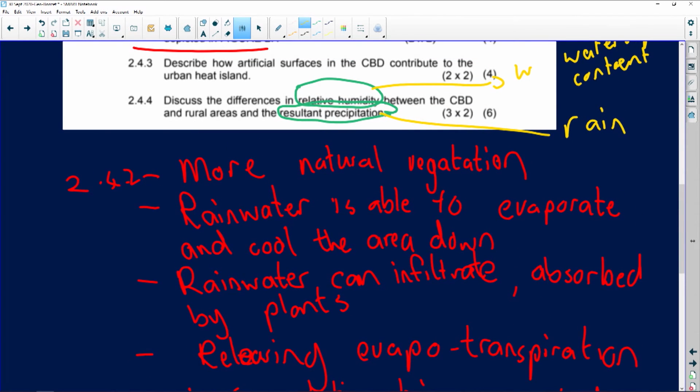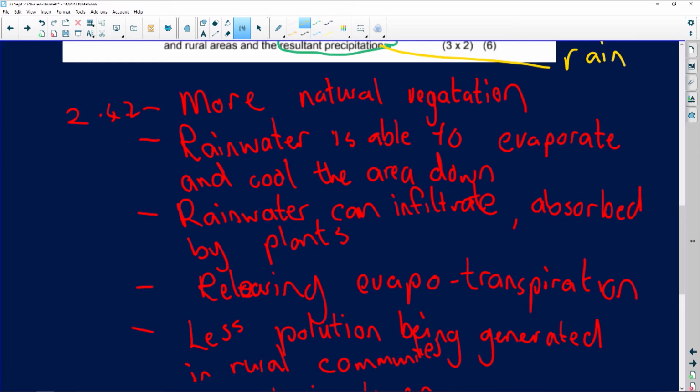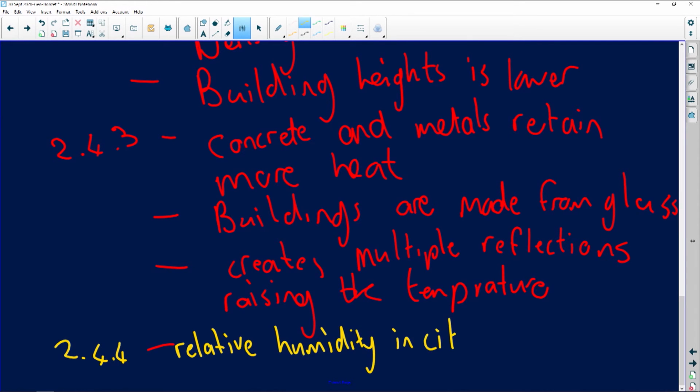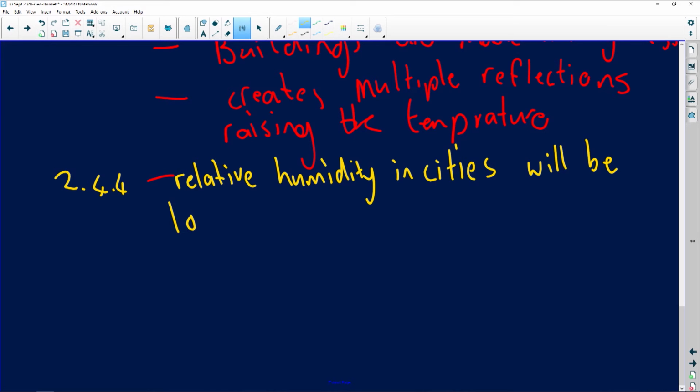Okay. So let's quickly have a look at our answer. 2.4.4. Discuss the differences in relative humidity between the CBD and the rural areas. Now, first of all, we can mention the relative humidity in cities will be lower than in the rural areas.